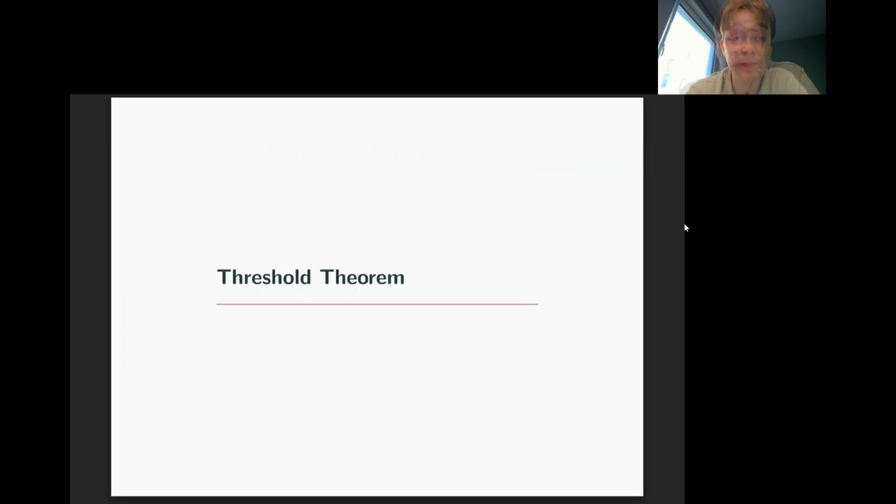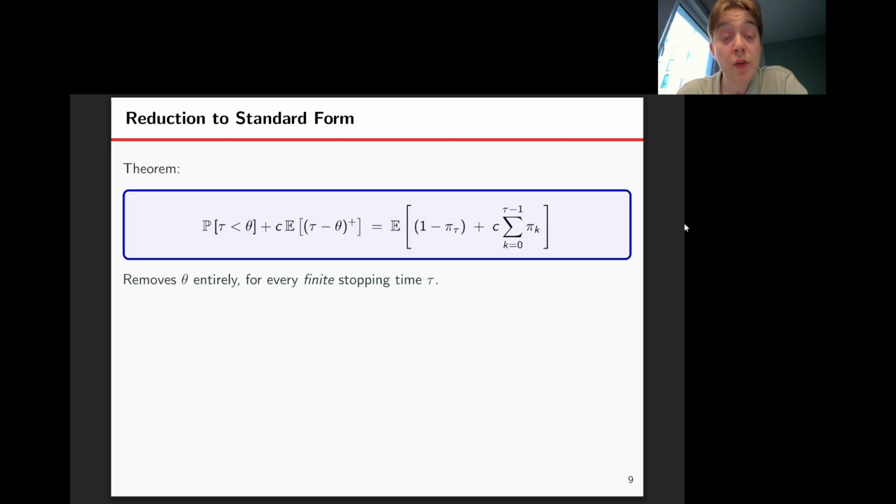Now we will use the optimal stopping theory from the previous section to answer the Bayesian disorder problem from the first section, all culminating in something called the threshold theorem. One of the major results from Shiryaev's work is called the reduction to standard form for the Bayesian disorder problem, where we see the Bayesian risk on the left-hand side, which we talked about in the first section.